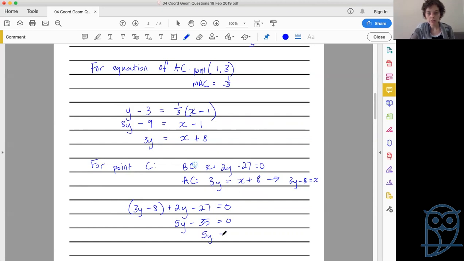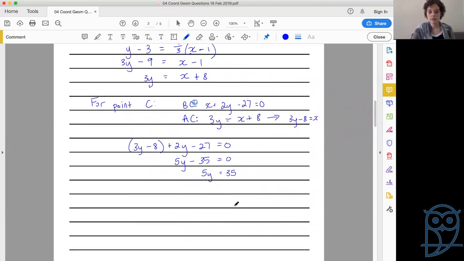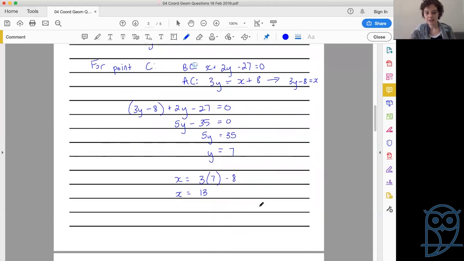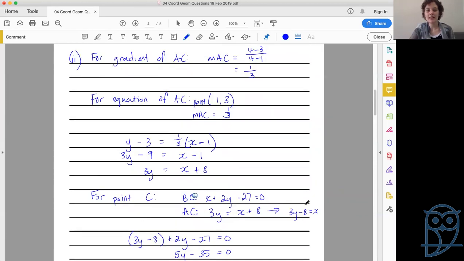So 5y equals 35, and y equals 7. We then go back to that one that we rearranged, because why would we want to use one of these ugly ones? We know that x equals 3 times 7 minus 8. So x equals 3 times 7 is 21. 21 minus 8 is 13. So C is (13, 7).